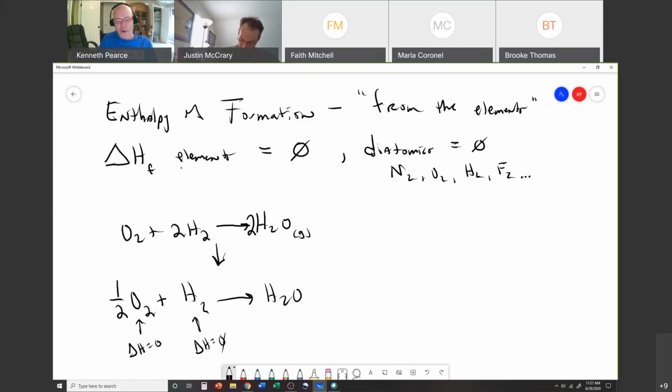Then we look in our table for water, hydrogen, oxygen, H2O, on page 1101. We see delta H of formation for H2O gas is minus 241.82.